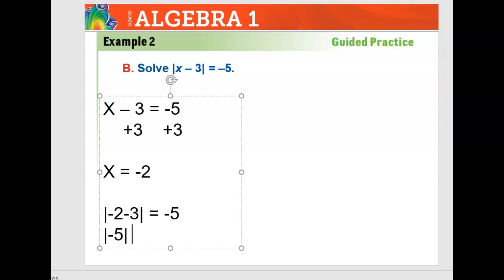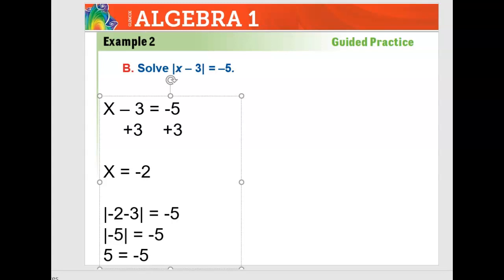Well, you get the absolute value of negative 5, and the absolute value of negative 5 is 5. Does 5 equal negative 5? Is a positive 5 the same thing as a negative 5?